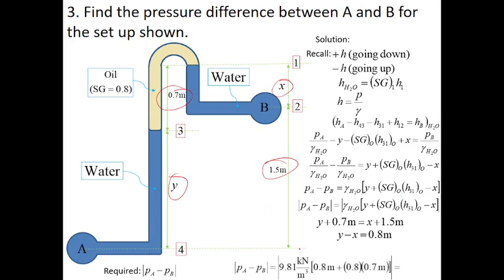The unit weight of water is 9.81 kilonewton per cubic meter, at reference 4 degrees Celsius.